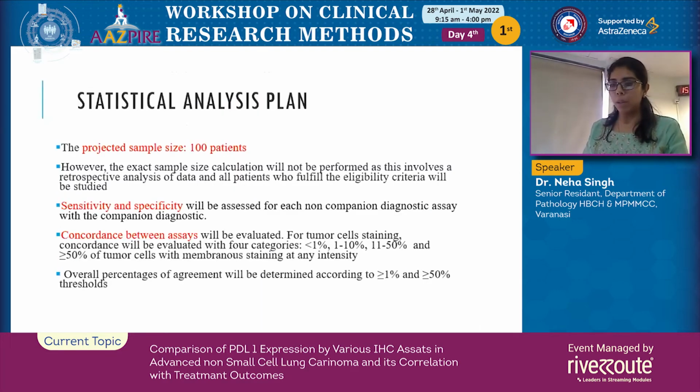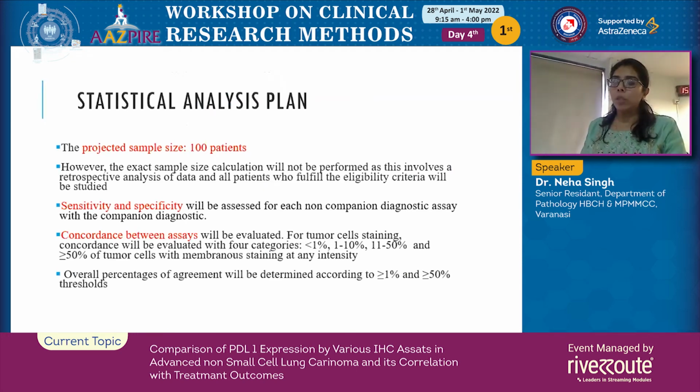So our statistical analysis plan: the projected sample size, as of now, the exact sample size calculation is not performed because this is a retrospective analysis of all the data. But the projected sample size that we have right now is about 100 patients. So we'll be calculating the sensitivity and specificity for each non-companion diagnostic assay with the companion diagnostic assay, and the concordance between the assays will be evaluated.